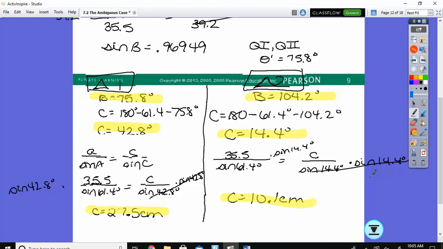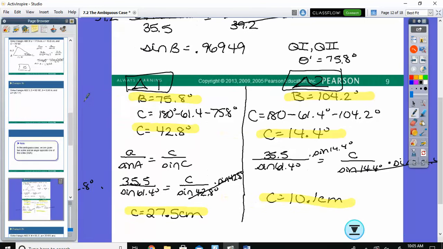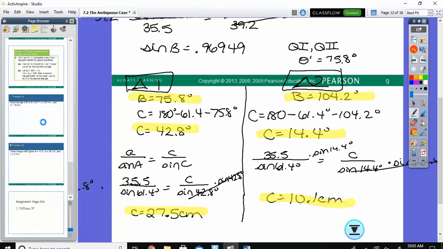Let's do, I'm jumping around a little bit in my examples, but I'm going to come back and hit some more in a minute. Let's do this example next.